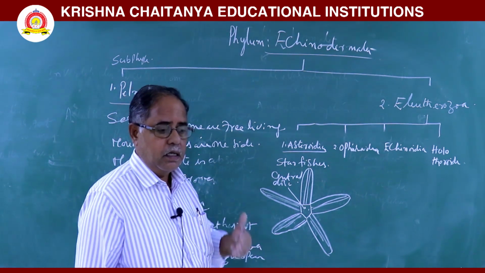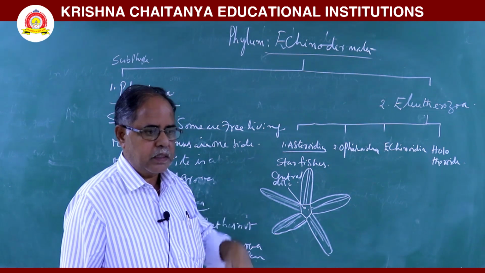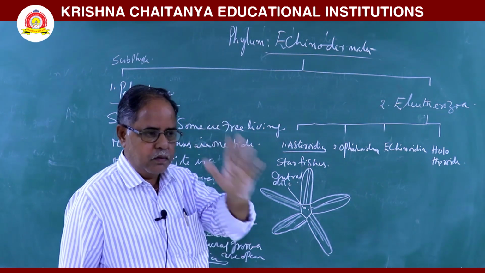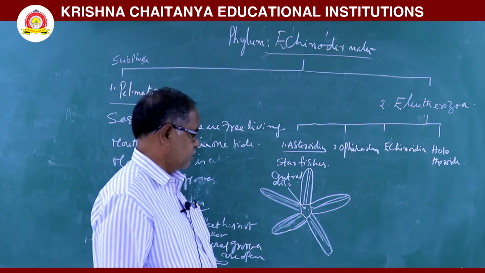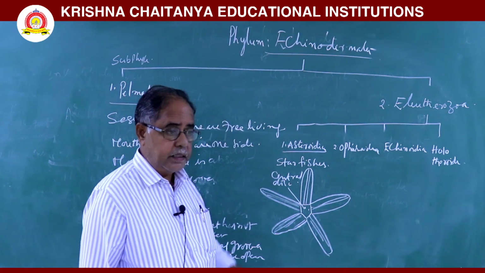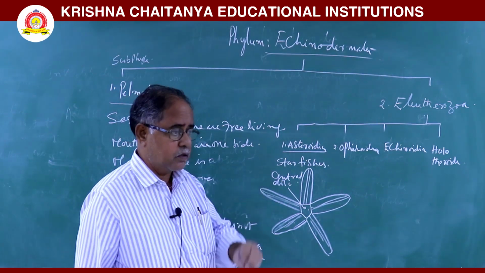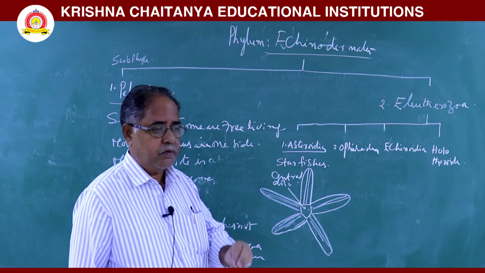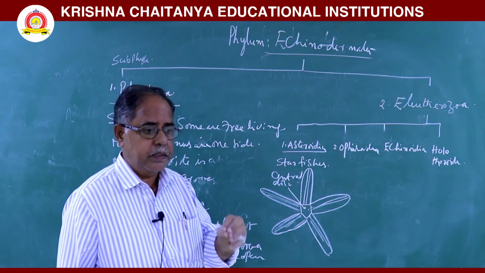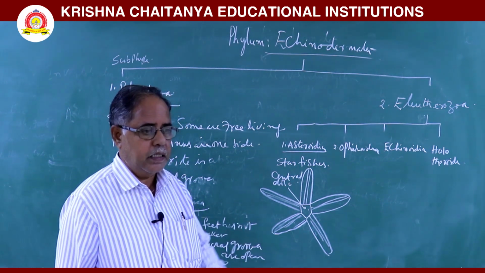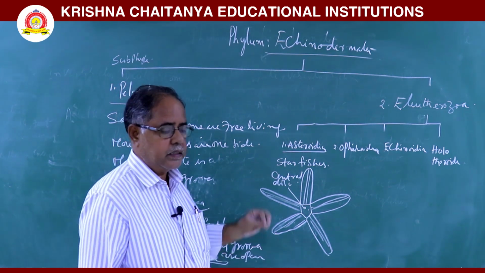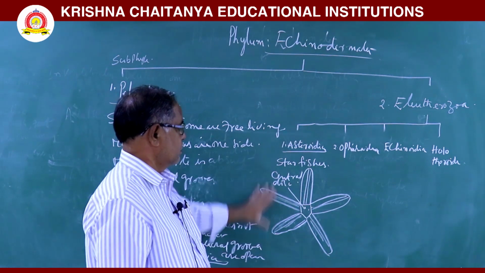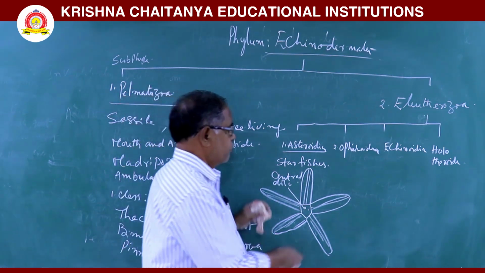These pedicellariae are used to capture food, for defense, and also to clean the surface of the body. In this animal, tube feet have suckers. During the developmental stages, larval forms are seen. These larvae are bipinnaria larva and brachiolaria larva. Example, Asterias, next Pentaceros. These are the characters of Asteroidea.